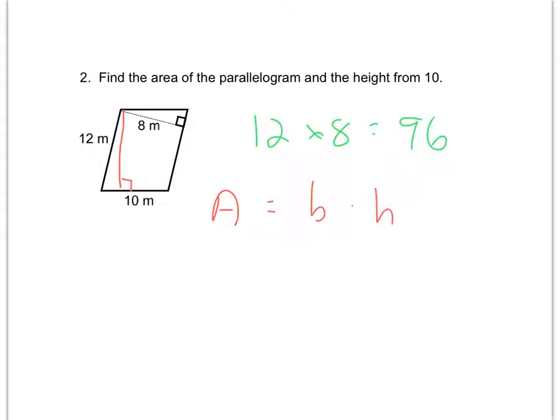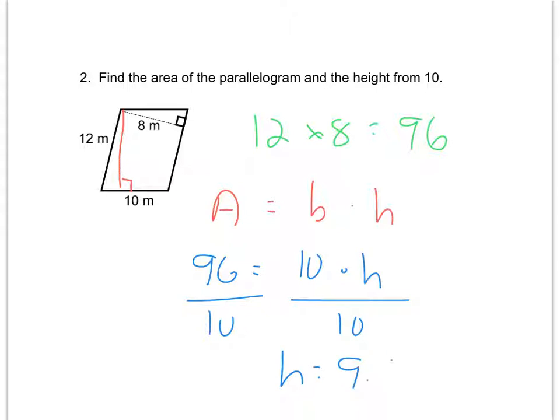My height right here is what I'm looking for, and I know from up here that my area is 96. So I can now write this out. My area is 96. My base was 10, and I'm looking for the height. Divide both sides by 10. It looks like my height is 9.6. So this height right here would be 9.6.